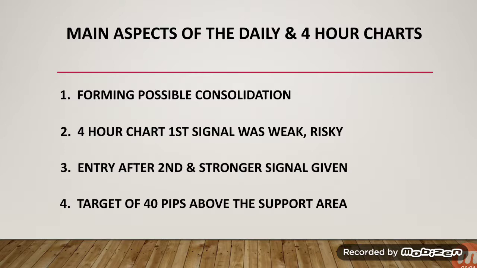It was only after the market provided us with a stronger signal that we decided to enter. The expectation is that this should provide us with a 40 pip trading gain as we aim to capture it and exit the trade just above the support boundary of what is expected to be a range consolidation setup.